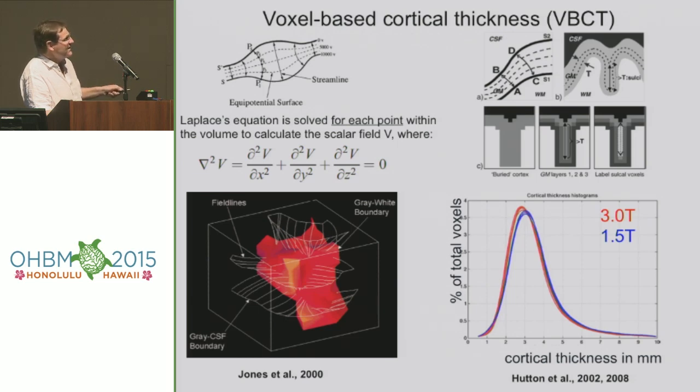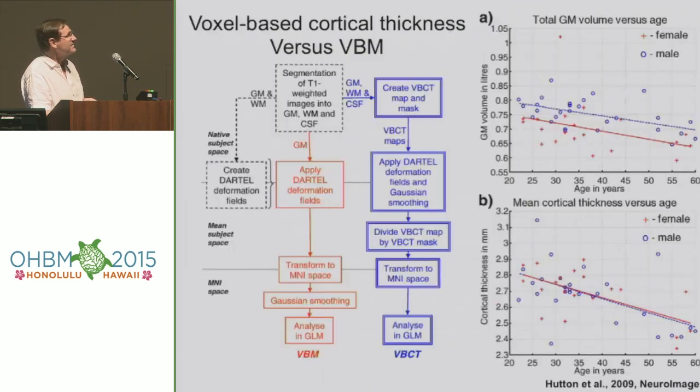They found typically measures of cortical thickness which were, again, consistent with the anatomical measures, peaking around 2.5 millimeters. Hutton went on to compare voxel-based cortical thickness analysis with the more well-known voxel-based morphometry within the same pipeline environment.